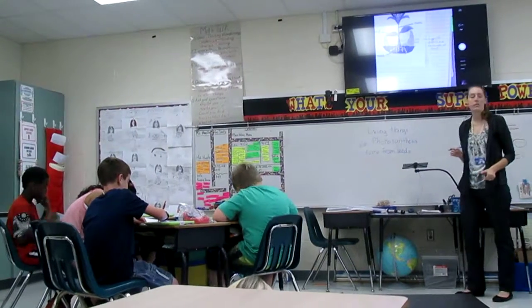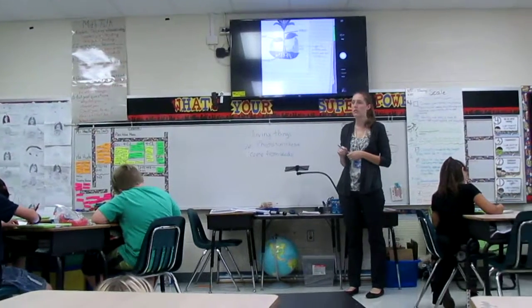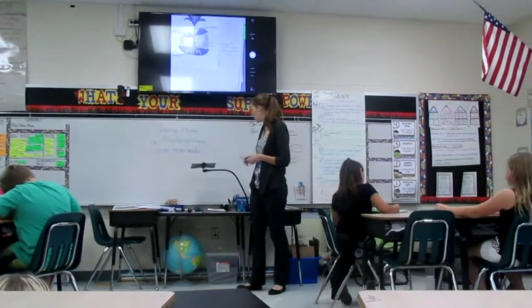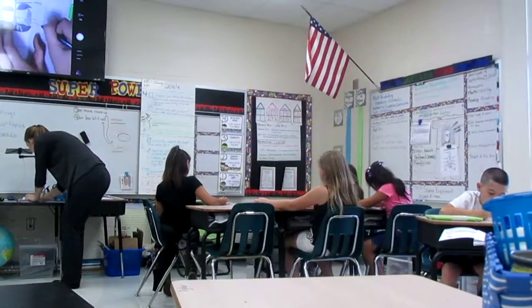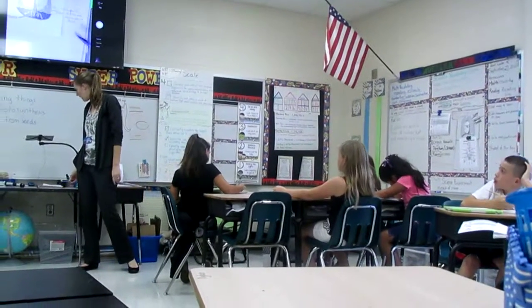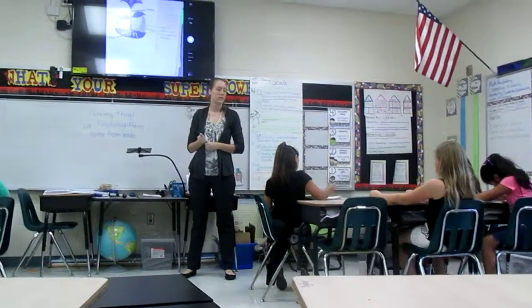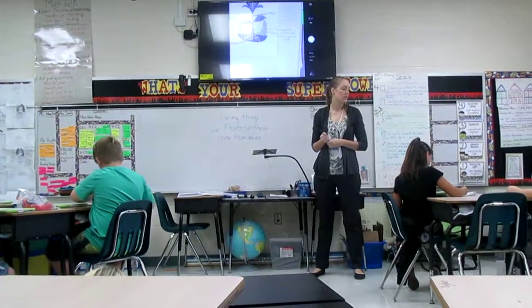Everybody have what I have? That's our function. We said function is what it does. So we know that the vascular tissue or the veins, you can write veins too, it supports the plant and carries water and food. So write that next to vascular tissue.